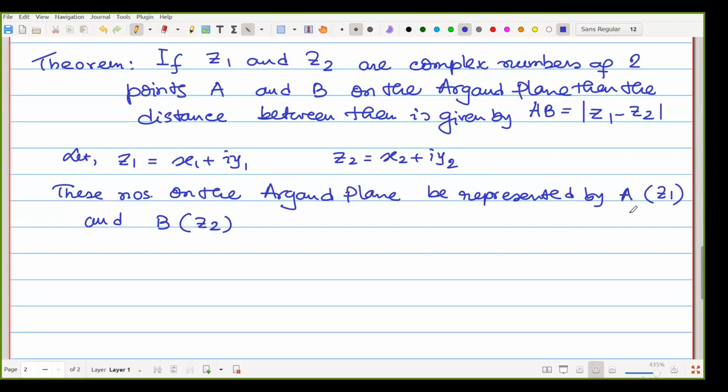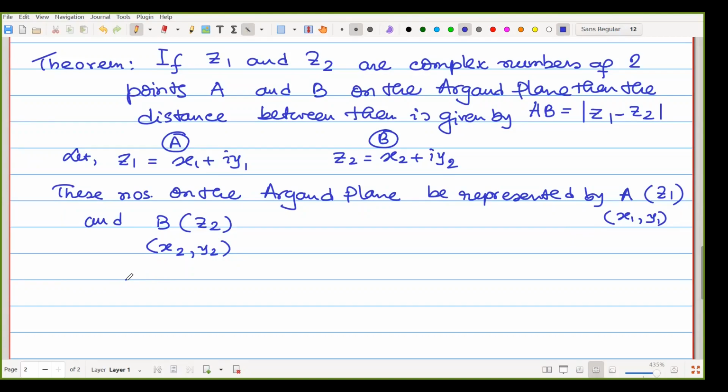That means simply we can say that point A is x1 comma y1 according to Cartesian, and B, that is x2 plus i y2, means x2 comma y2, according to the ordered pair.